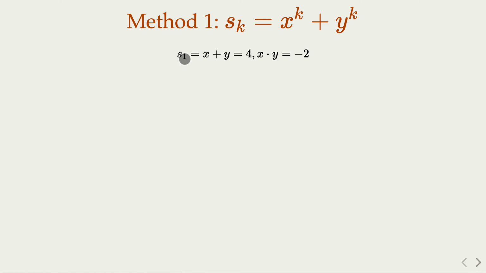For example, once we know S1, to get S2, simply multiply by x plus y. So here S2 is equal to S1 squared, S1 times S1 minus 2xy, because there's some cross term. Now how about S3?